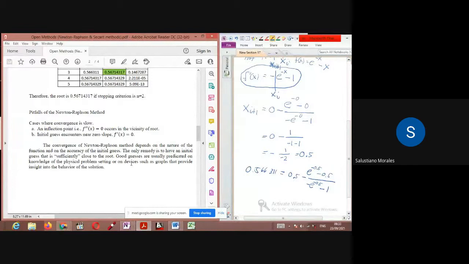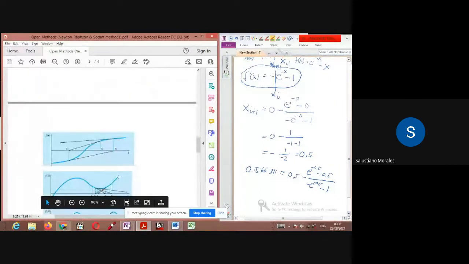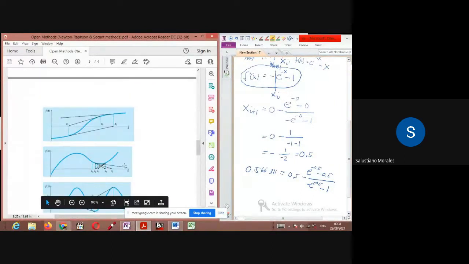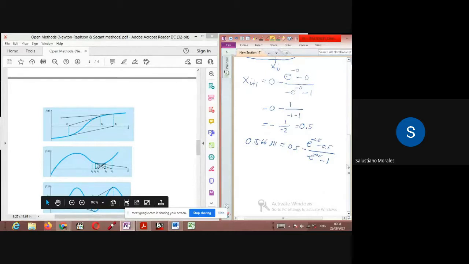So yung sinabi ko kanina, good guesses are usually predicated on the knowledge of the physical problem setting or on devices such as graphs that provide insight into the behavior of the solution. So I will show you the cases. So the first one is the root is in the vicinity of an inflection point.